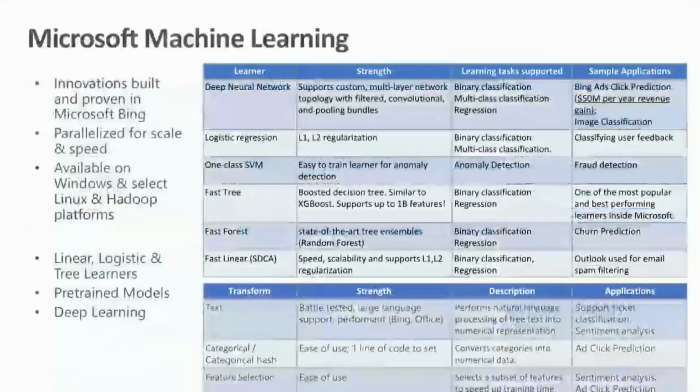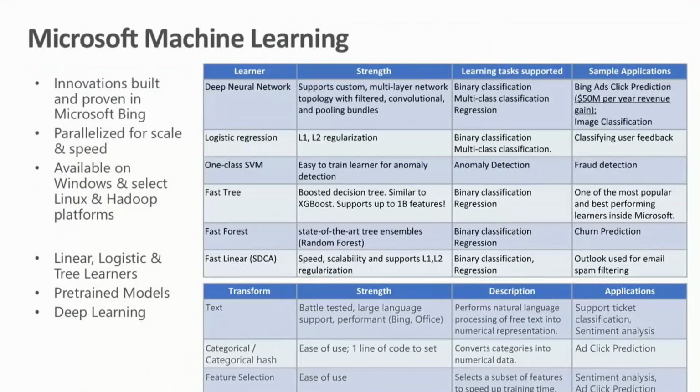The second package that we've added to our server is called Microsoft ML. This is a supplementary package that we've added fairly recently of algorithms that have been developed internally in Microsoft for Bing, Office, Xbox, Skype, and other internal groups.